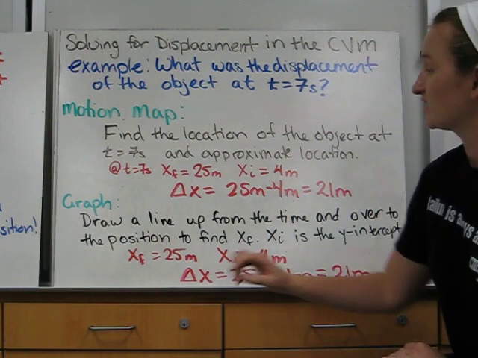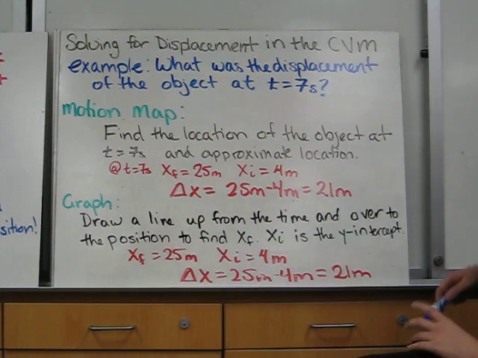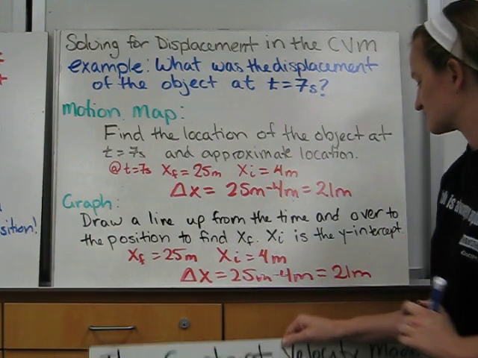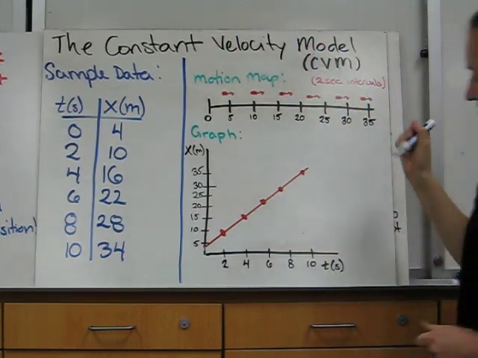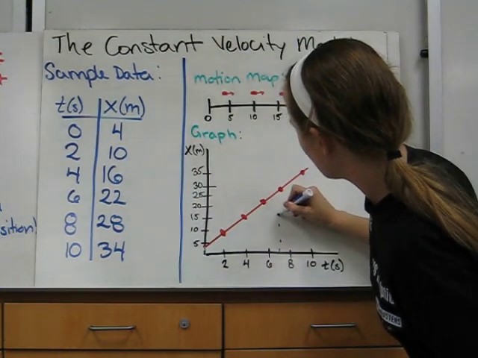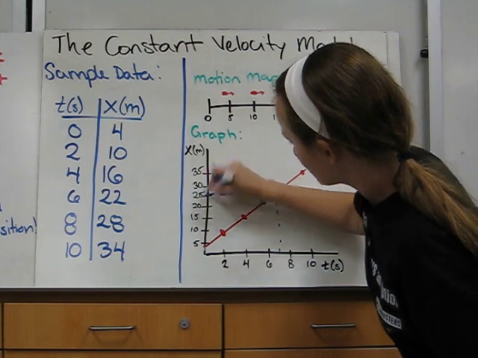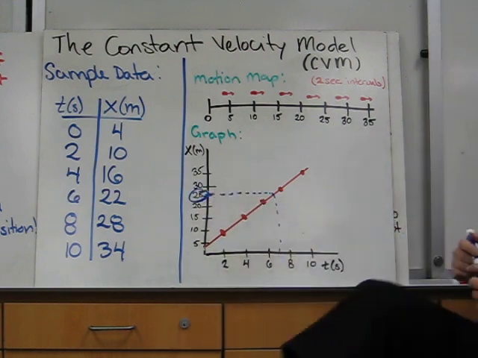The next method of finding the displacement is with the graph. Draw a line up from the time and over to the position to find the x final. Remember, the x initial is the y-intercept. So we're at 7 seconds, so we're going to draw a line up at 7 seconds, and then find the corresponding location on the position axis, which happens to be 25.